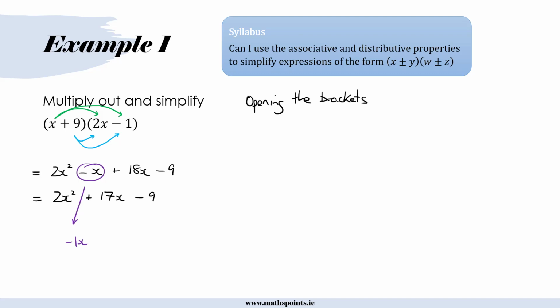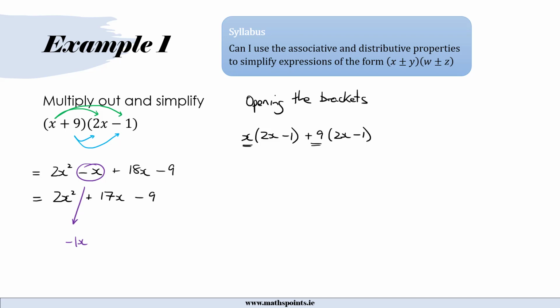We wanted to multiply the x by the 2x and the minus 1, those green arrows there. So what we do is we write down x, and we're going to multiply that by 2x minus 1. And then the blue arrows, well, they wanted to multiply 9 by both the 2x and the minus 1. Now, the term opening the brackets comes from we've opened up the first bracket. It's in a bracket, x plus 9, and we've split it up into x and plus 9.